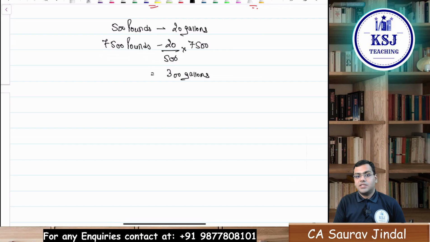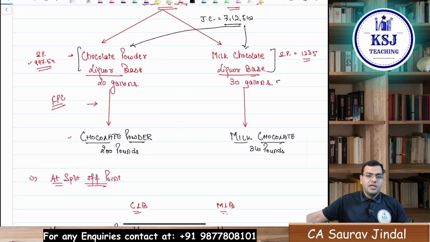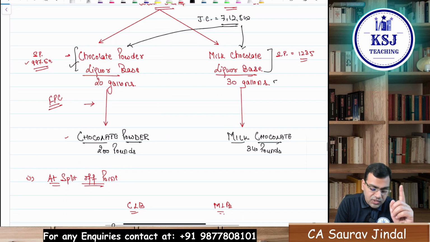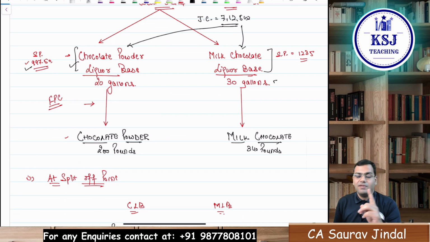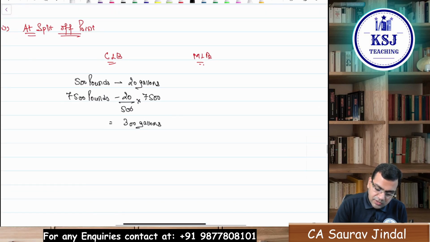Now, what will be the selling price at split off point? Just think very carefully. At split off point, these are the products. The selling price is 997.5 and 1235. For the milk chocolate also, they say for 500 pounds of cocoa beans, how much milk chocolate is produced?